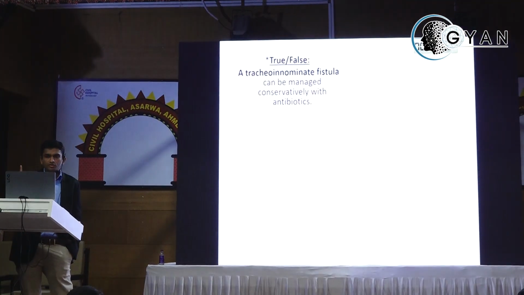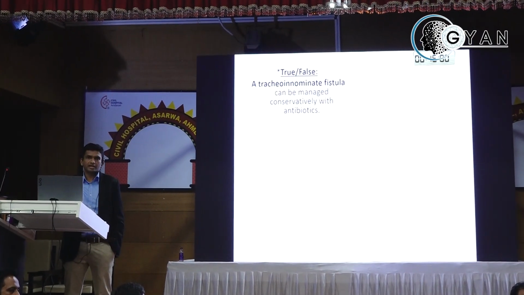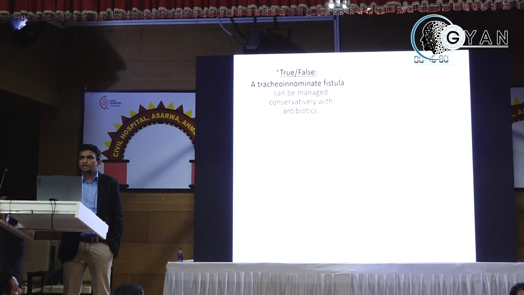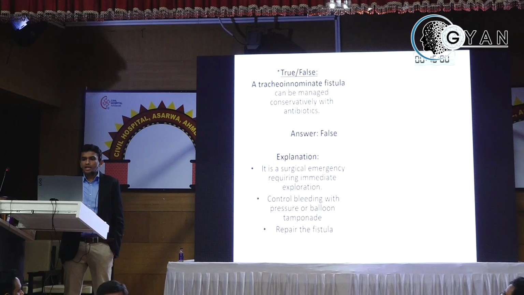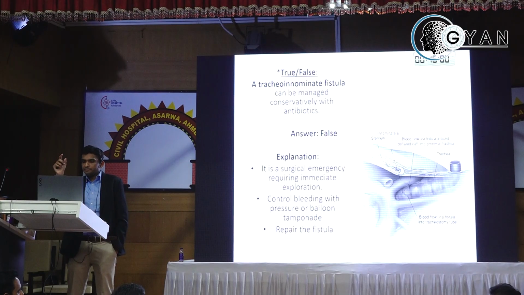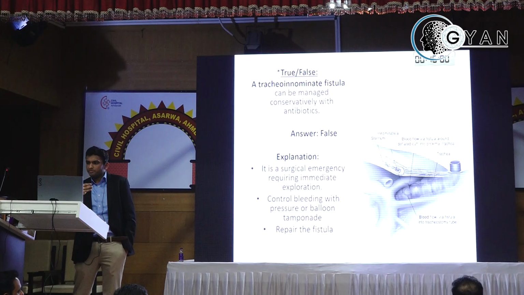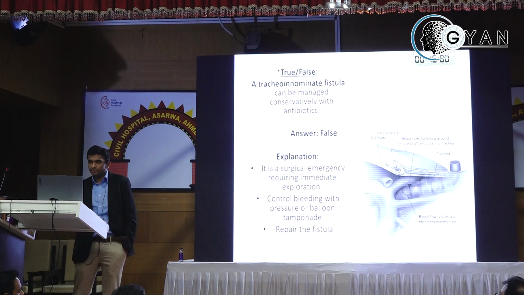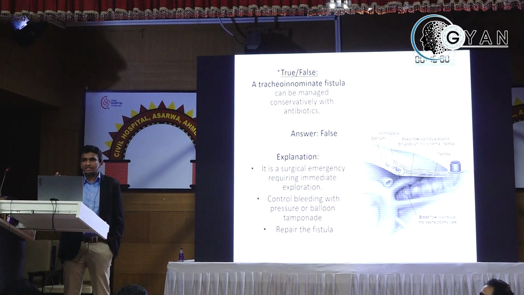Now coming to tracheoinnominate fistula, can it be managed conservatively with antibiotics? True, false? False. Why? You need to understand that the innominate artery lies between the sternum and the trachea. When you do a low tracheostomy, because of the pressure of the cuff, there is friction, and ultimately the artery might rupture.